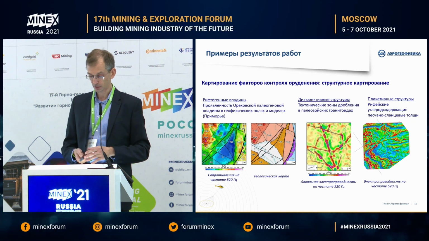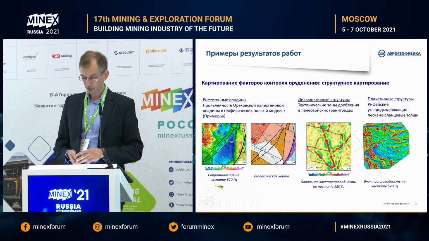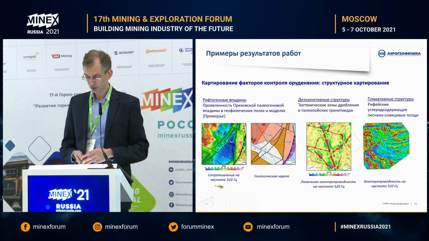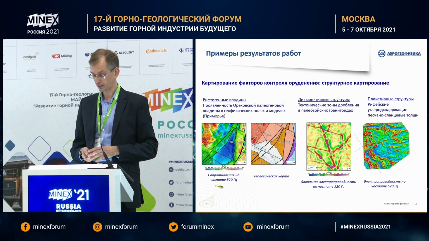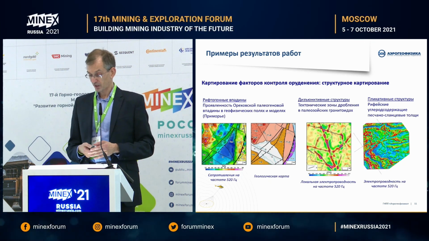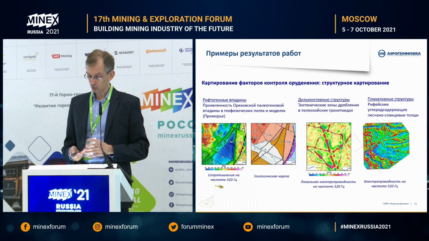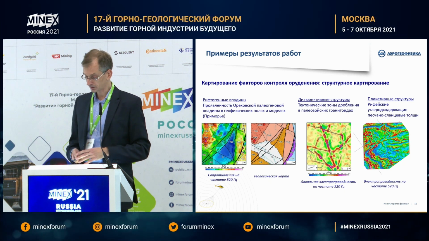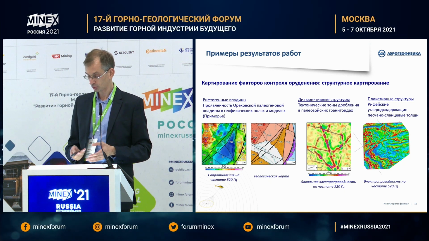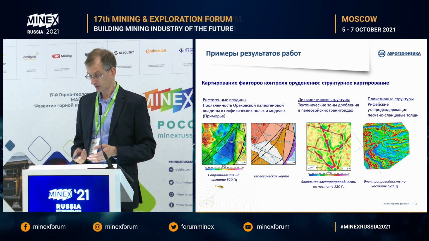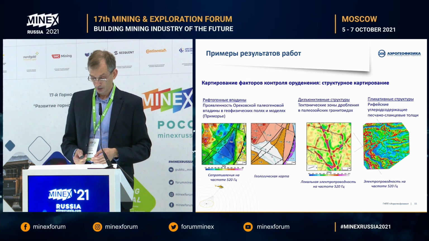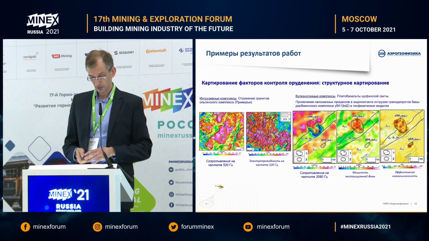It's also possible to map using this method tectonic structures, faults, ruptures, and implicative structures, which in certain cases can be easily mapped when there is some kind of interlaying of conductive rocks like contacting carbon, and they can also be seen in the materials of electrical exploration.